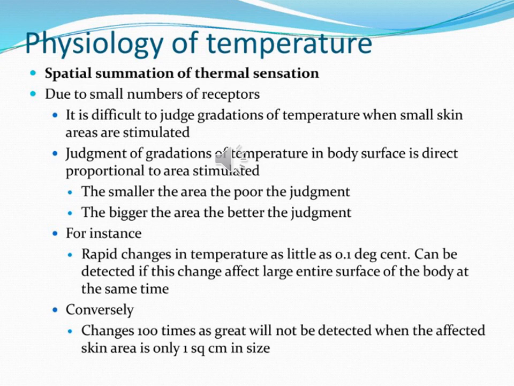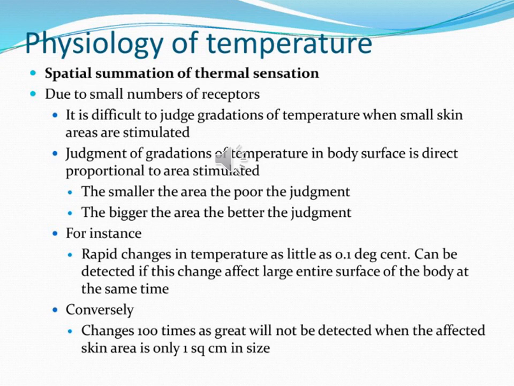The judgment of different grades of temperature in the body surface is directly proportional to the area stimulated, which means that if a smaller area of the body is stimulated, the judgment of the temperature will be poor, while on the other hand, if a bigger area of the body is stimulated, the judgment of the temperature will be much better. And this is basically because there is spatial summation of the thermal sensations.